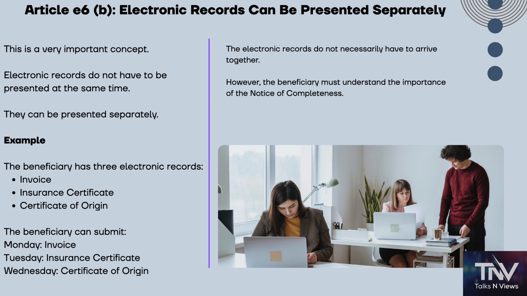The beneficiary can submit Monday, invoice; Tuesday, insurance certificate; Wednesday, certificate of origin. The electronic records do not necessarily have to arrive together. However, the beneficiary must understand the importance of the notice of completeness.